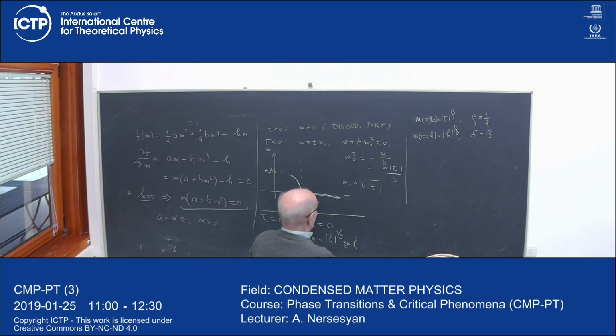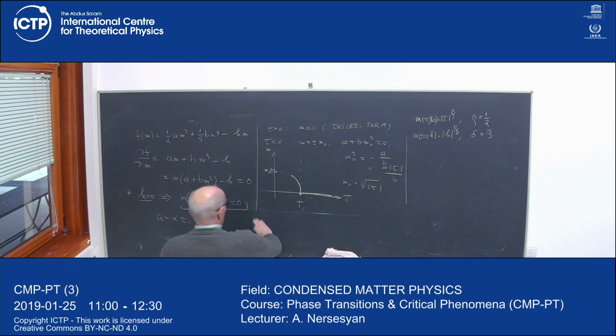Now you can play the following game. You would like to know what is the magnetic susceptibility at the transition. Let me recall to you that the magnetic susceptibility is defined as the derivative of magnetization with respect to magnetic field. This is the definition. Basically, we'll be interested in the behavior of susceptibility in zero field.